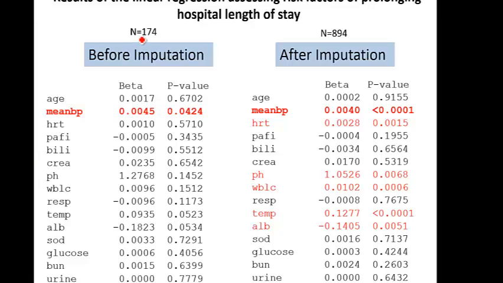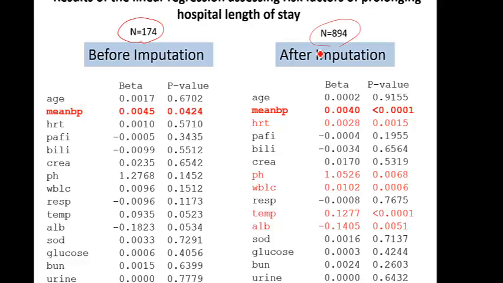You only include N of 174 patients, and then only mean blood pressure becomes significant. Then I went ahead and used multiple imputation, which is the preferred method of analysis for missing data, and imputed such missing data, and then N became 894.